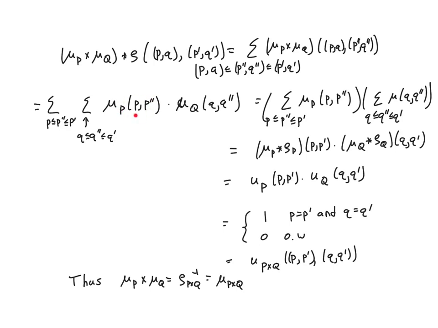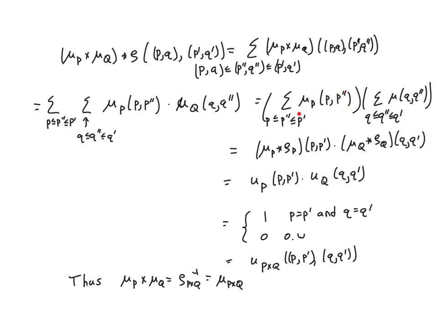Of course, since this does not depend on Q and Q prime, I can factor it out. And similarly, I can factor the summation all the way through, and I get this product of summations. This first sum is over all P double prime, ranging from P to P prime, mu of P and P double prime. This other summation is ranging over the Q values, Q double prime ranging from Q to Q prime, mu of Q to Q double prime.